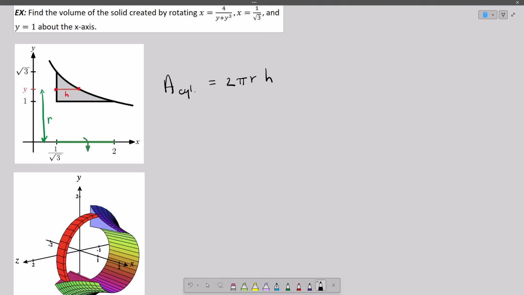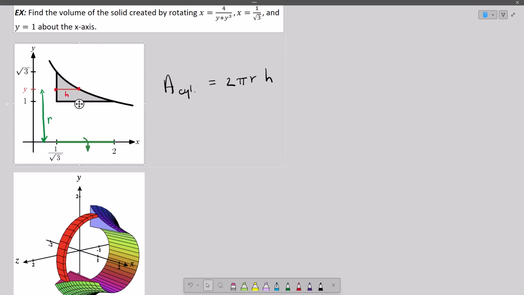So now we visualize this segment rotating around the x-axis to create the cylinder. The distance that this rectangle is down to the axis of rotation is given by that right there, y.